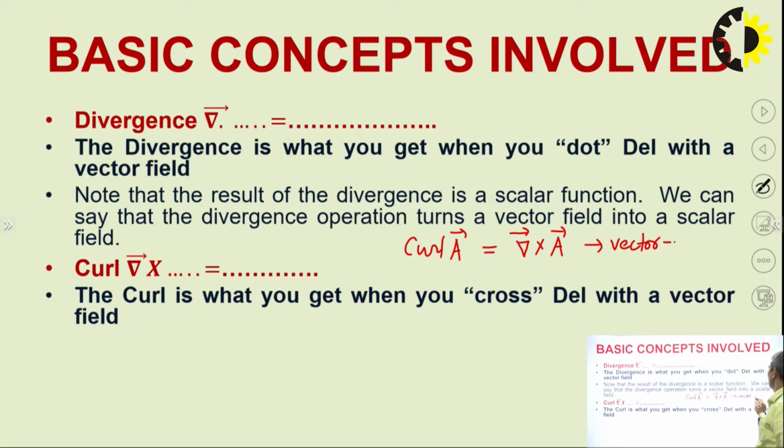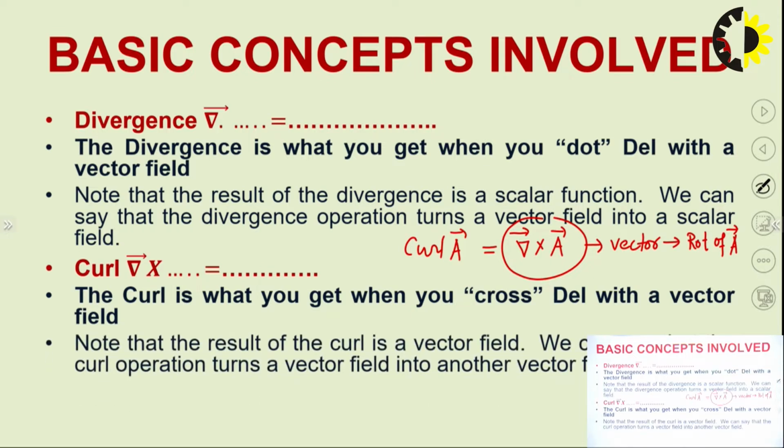This vector tells the rotation of A. Whether this vector is rotational or irrotational can be calculated through this operator del cross A. Note that the result of the curl is a vector field.